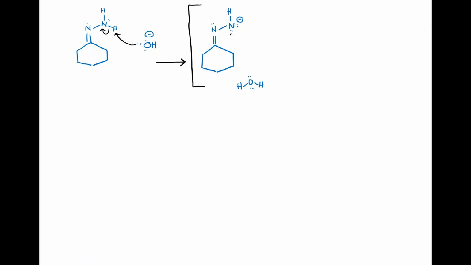So this is an allylic lone pair, so we can just do the allylic lone pair pattern. And this generates our other contributor.